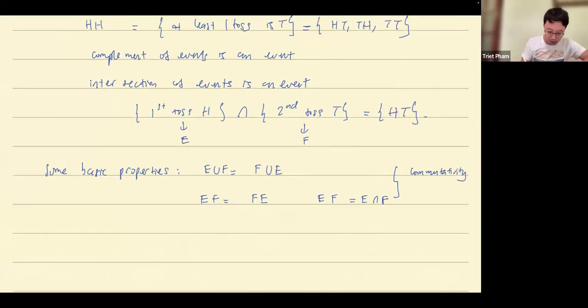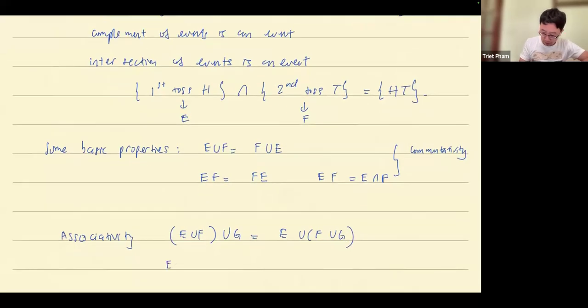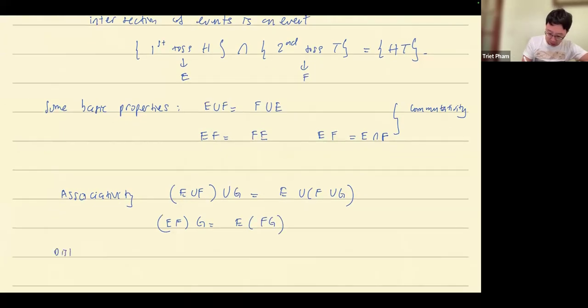The second thing is associativity, which says E union F union G is E union F union G. E F intersect G is E intersect F G. Distributivity says E union F intersect G is EG union FG.